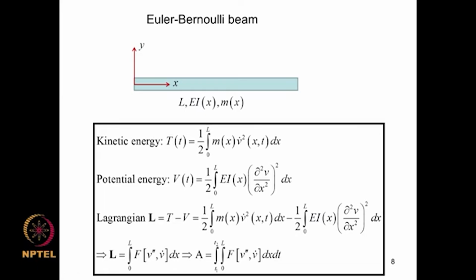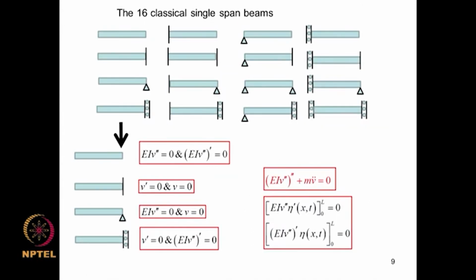Again, by using the Hamilton's principle we derived the governing equation and the relevant boundary conditions, and we saw that the field equation will be of this form in free vibration, and there are 16 combinations of single span beams which emanate from the application of Hamilton's principle. So these are various boundary conditions which are appropriate for Euler-Bernoulli beam cases.